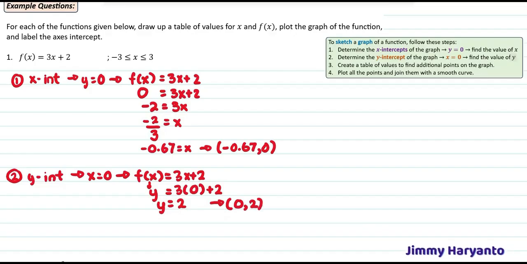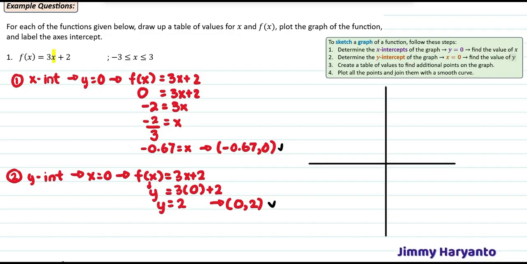Okay, so as you can see, we have x to the power of 1 as the highest degree. That means our graph later will be a straight line. For a straight line, we don't need any other points. We only need 2 points like this, and then you can just draw the straight line. So this one is y, this one is x.